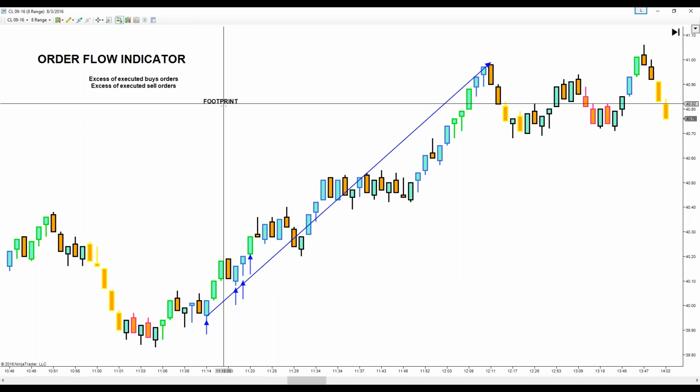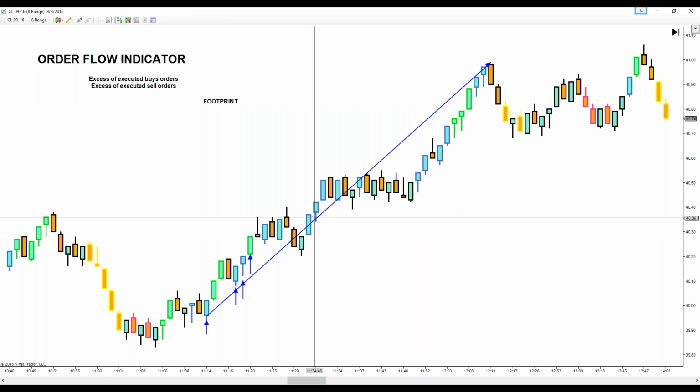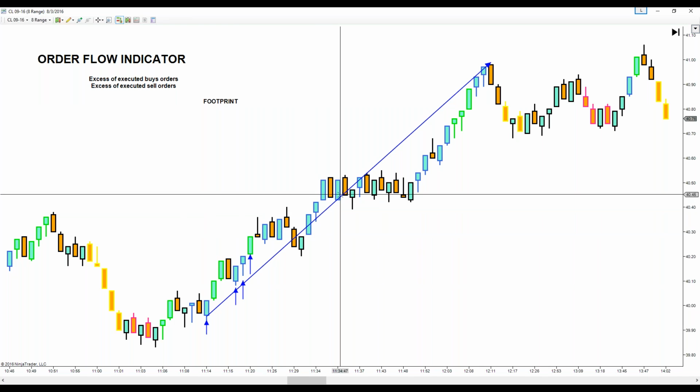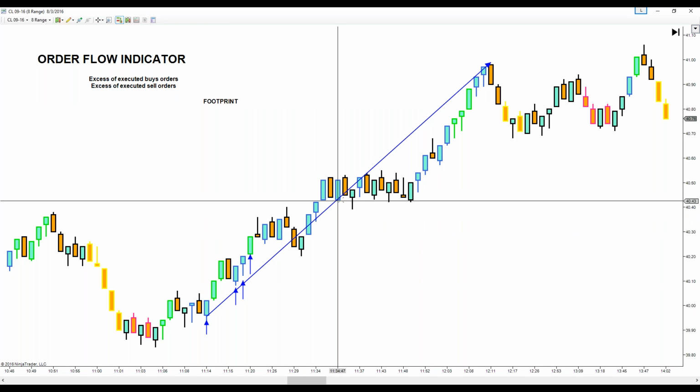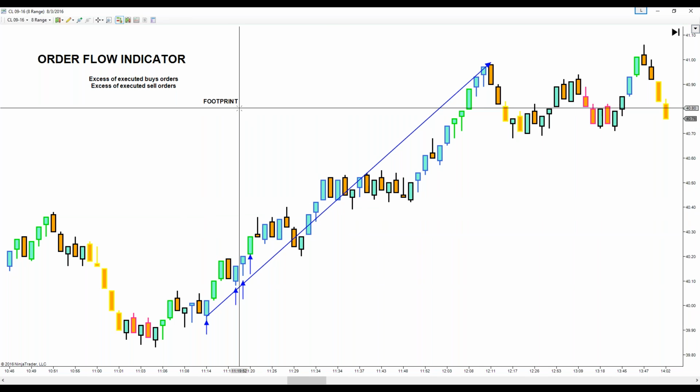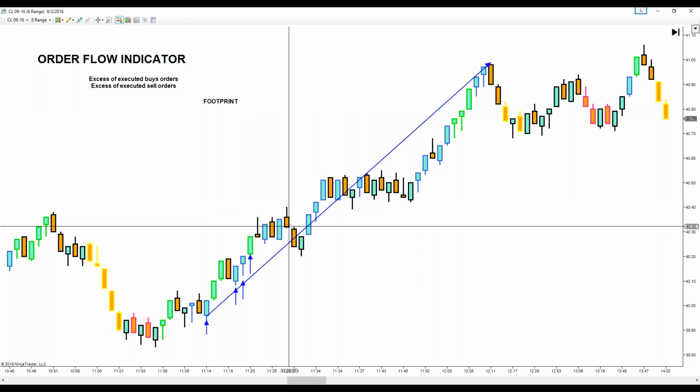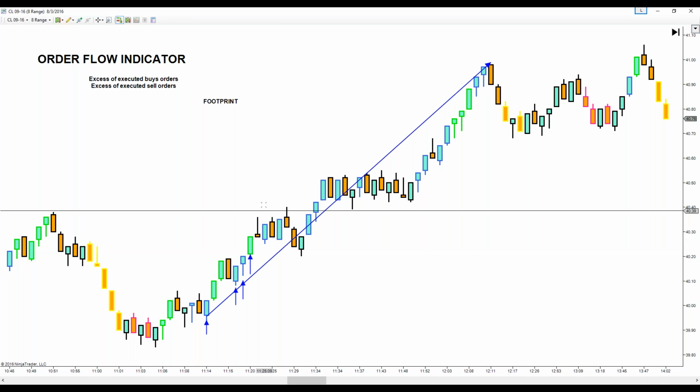The problem with the footprint and the problem with all the other ways that order flow is displayed is that it's using data from your trading chart. And it's my personal belief, based on all the information that we've used here at RightLine and all the analysis that we've done, the footprint is great for telling you what is happening, but it's not great for telling you what's going to happen.